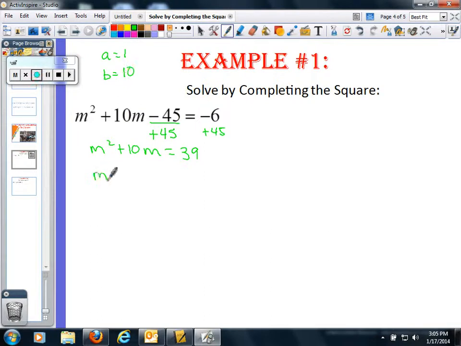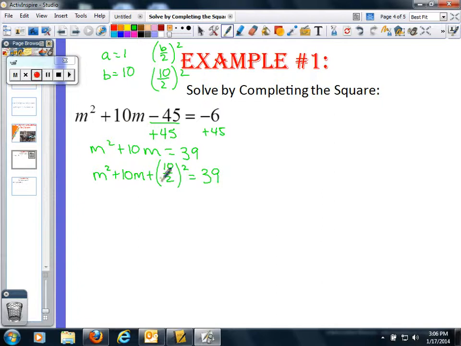So now I'm going to have m squared plus 10m plus, now I'm going to do my b over 2 squared. So b over 2 is 10 divided by 2 squared. This is 10 over 2 squared equals 39.